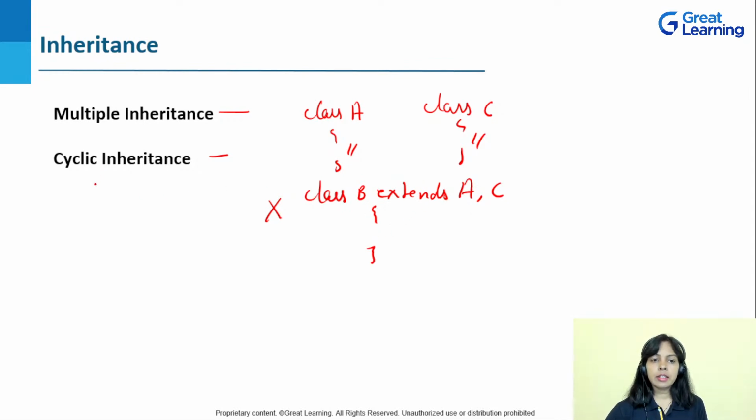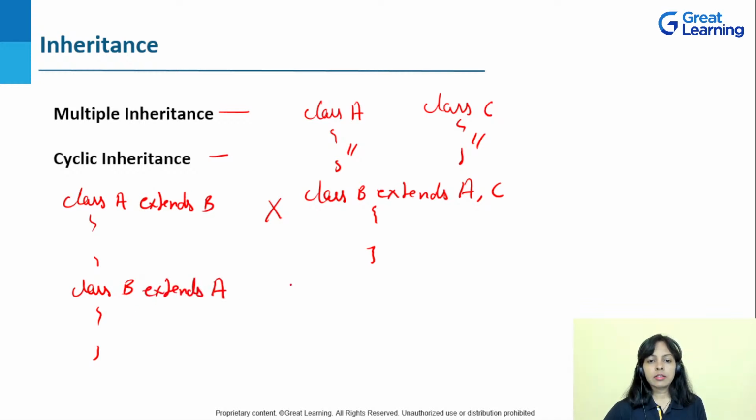Now, what is cyclic inheritance? Class A is there, then class B is another class. Class A extends B, and class B extends A. That is, A is extending the features of B, and B is inheriting the features of A. This is called cyclic inheritance.